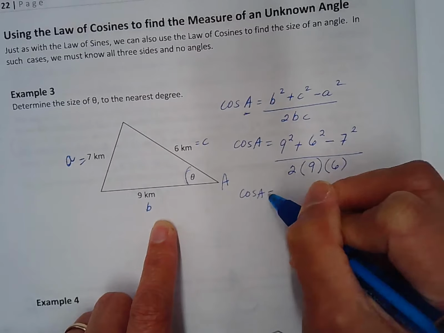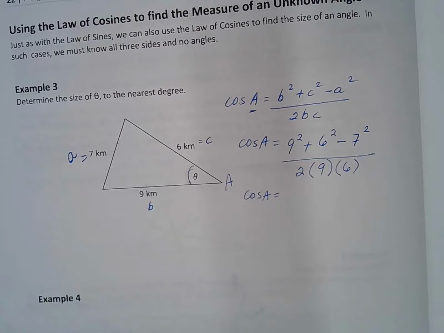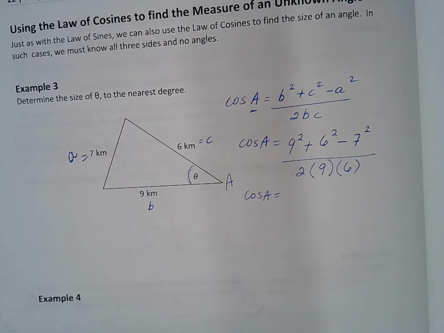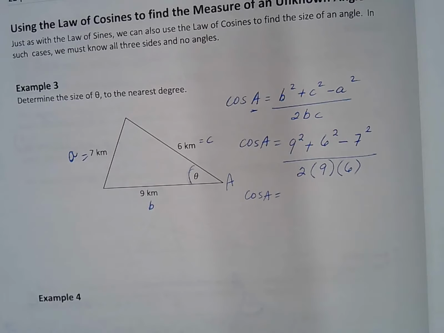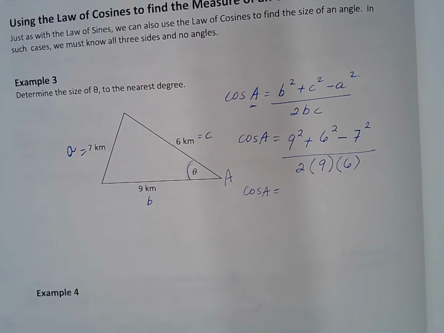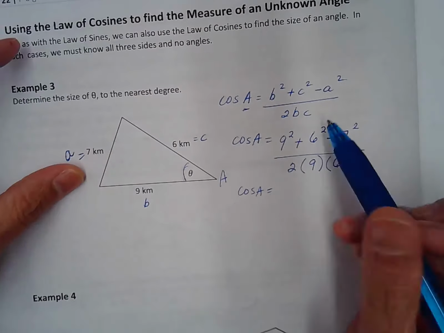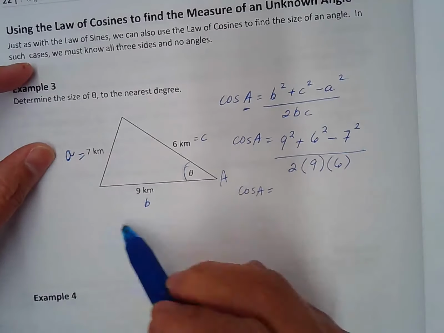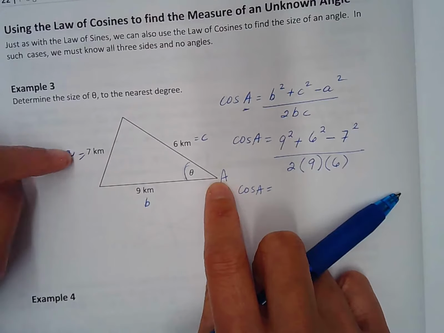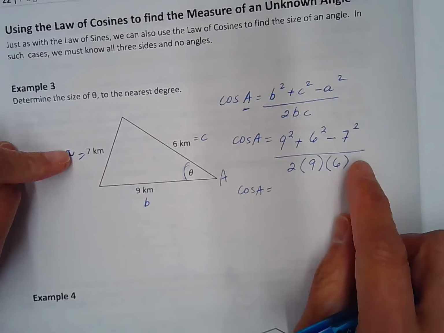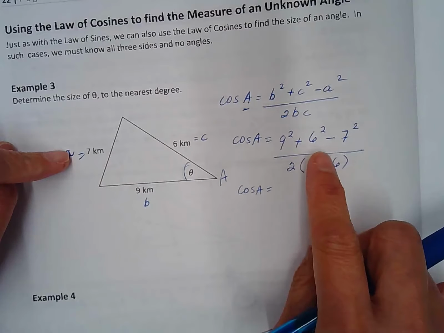Is everybody clear on that one? Where your theta is, you call that angle A. Is it okay if I finish this and I'll get your question? The first thing you do is figure out where your angle A is and side A, because the B and C don't matter where they are.